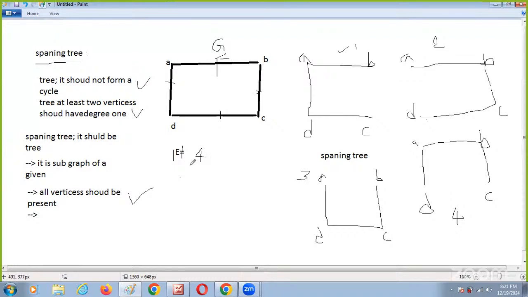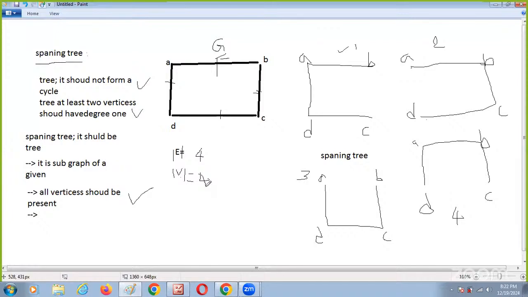And the number of vertices, how many? Number of vertices is also 4.